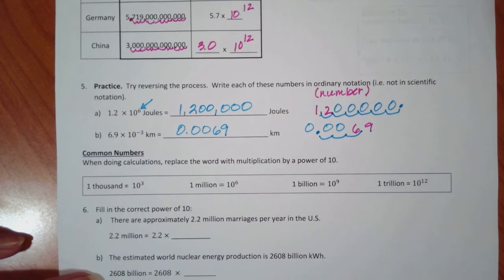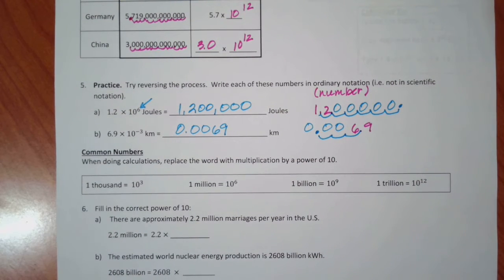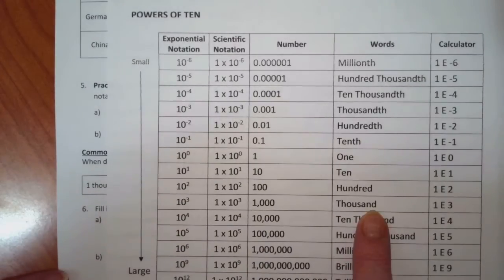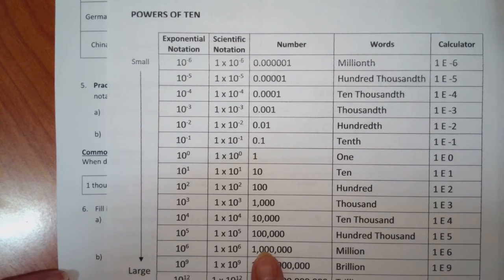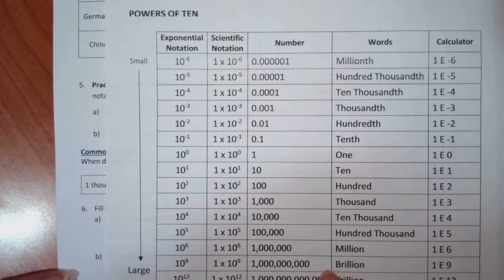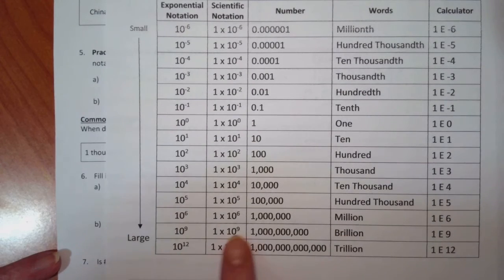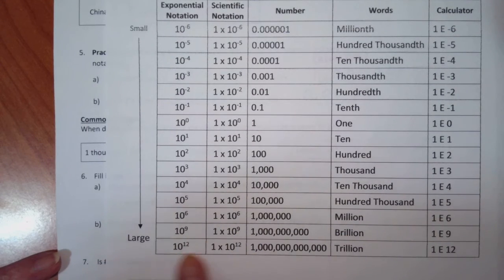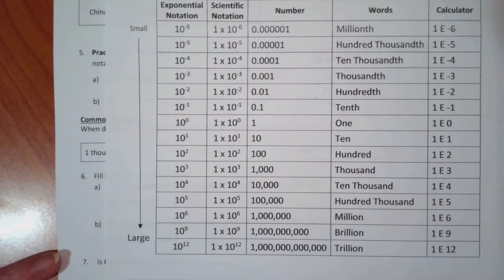Okay, so when you're doing common numbers, you're going to be replacing words with multiplication by a power of 10. And this is all on this chart. 1,000 is 10 to the 3rd. 1 million is 10 to the 6th. A billion, I spelled it wrong, is 1 times 10 to the 9th. And then, of course, 10 to the 12th is a trillion.